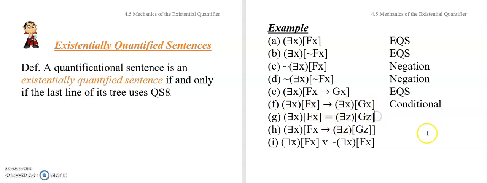Now, what about this one? This is a biconditional. This is not an existentially quantified sentence. It's a biconditional. This right here is an existentially quantified sentence because the last line of its tree uses QS8. Finally, this guy, what fundamental type is this? This is a disjunction. The last line would use QS4, the disjunction symbol.